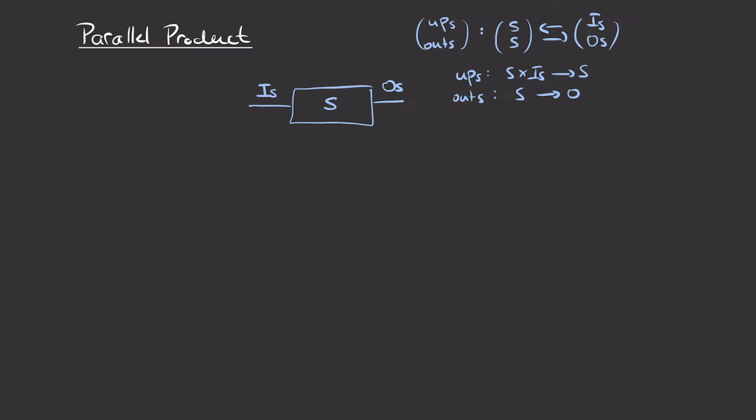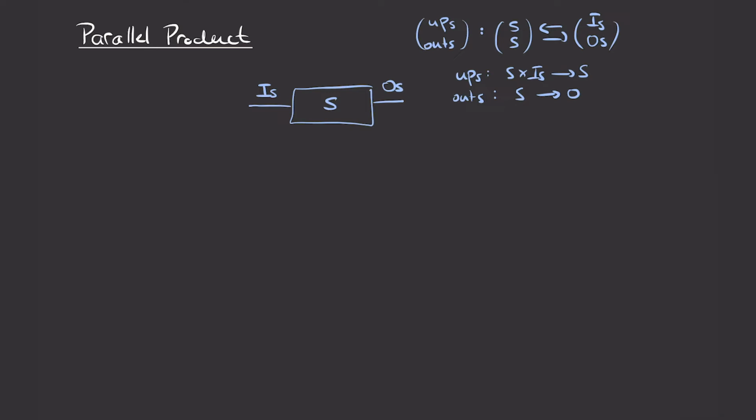Therefore, by sequentially applying first up S to this input and the current state, and then applying out S to the new state that the update produces, we get a way of converting an input into the system into an output. Okay, so that was a brief recap of how we implemented systems in terms of lenses, and recall also that the system is a special type of lens where these two sets here are the same.